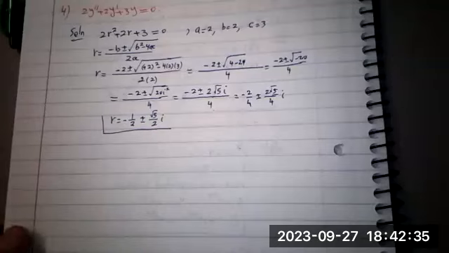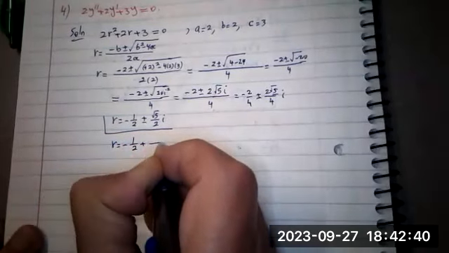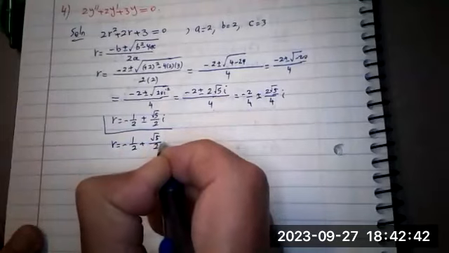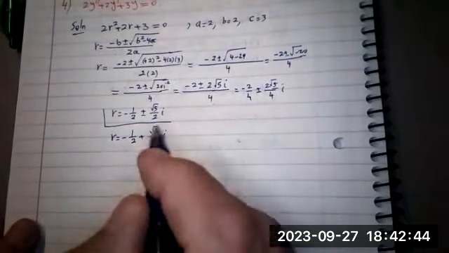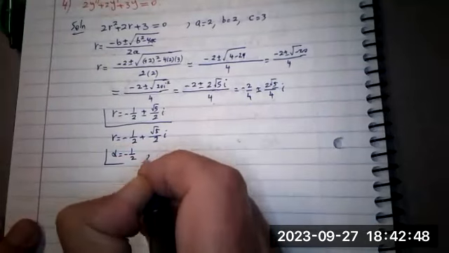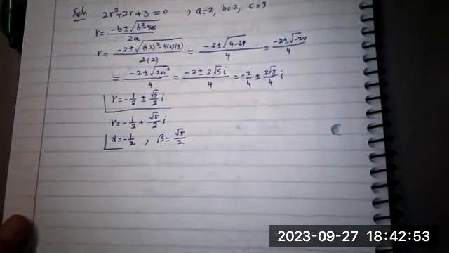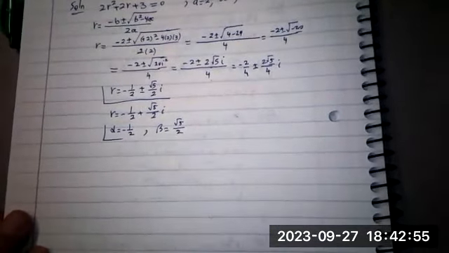We are going to use only one of them. Negative or positive doesn't matter. So alpha would be negative 1/2, and beta would be radical 5 over 2. Any question?